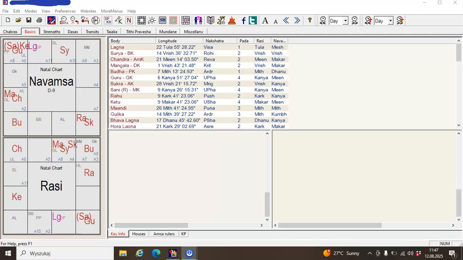In order to be successful, in order to do correct predictions, to use Navamsha Dasha successfully, first of all, there has to be one main condition fulfilled. What is this? Obviously, we need to have a correct Navamsha.